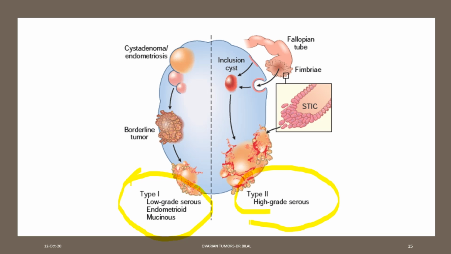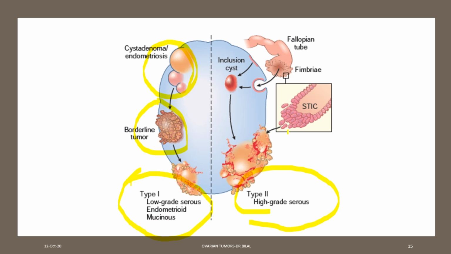So what is that? Generally these are considered as the type 1 tumor: low grade serous carcinoma, endometrioid and mucinous, and they develop through this series of events, probably like a benign cystadenoma developed, or a previous endometriosis, and mutations occurred, and then it progressed to a borderline tumor, and then to one of these.